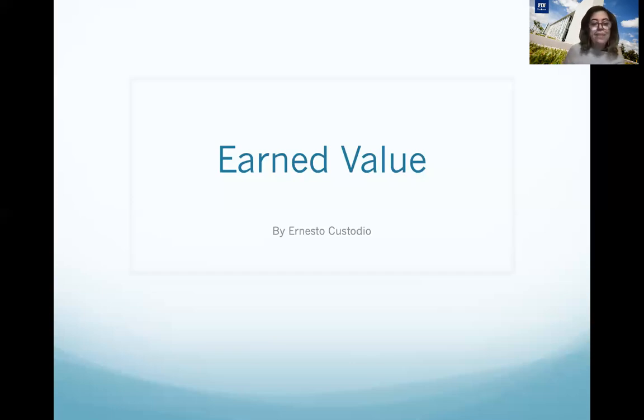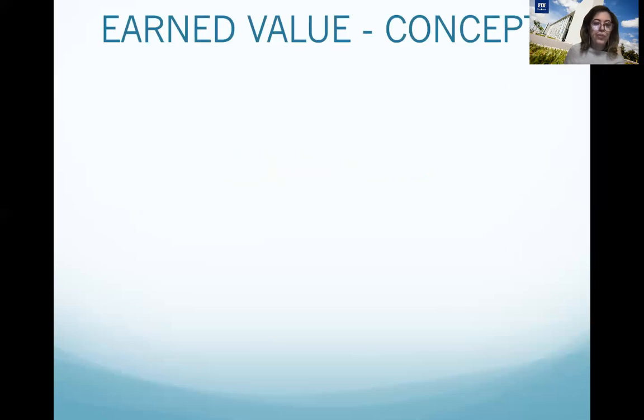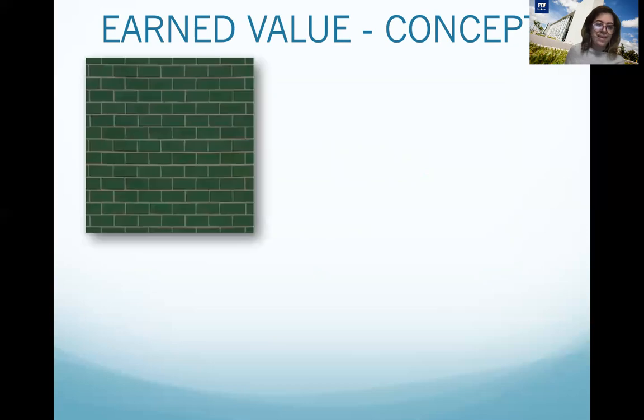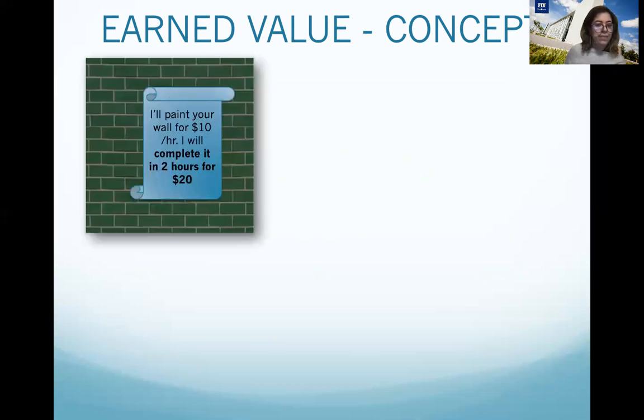Having said that, let me show you some of the charts that Ernesto Custodio prepared for the class. This is an example. I will paint your wall for $10 an hour, and I will complete it in 2 hours for $20.